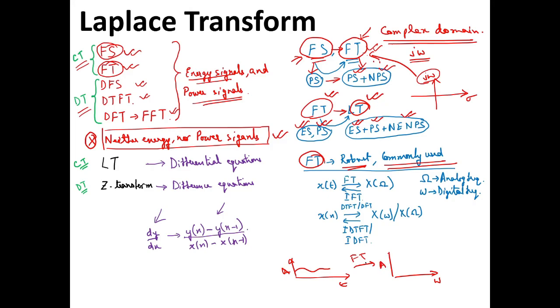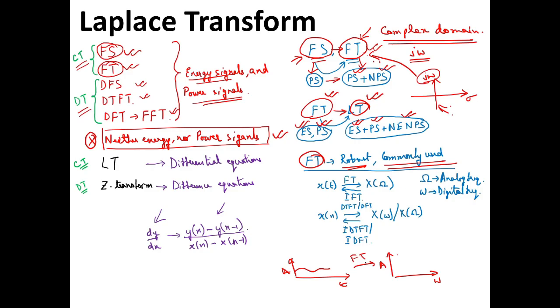Frequency versus amplitude. So from the time domain, we were shifting to the frequency domain. In the Laplace transform, if I ask where the Fourier transform is restricted to, it is restricted only to the y-axis, which is the complex domain.